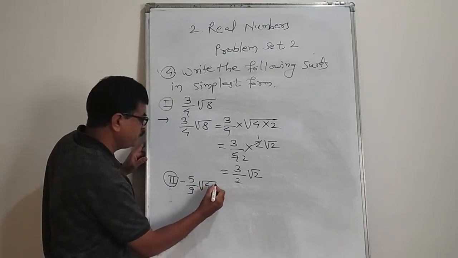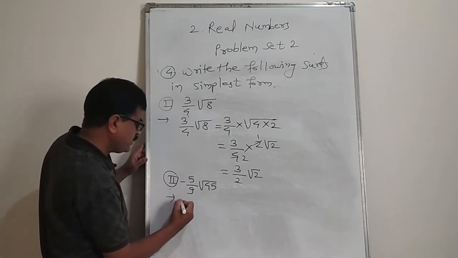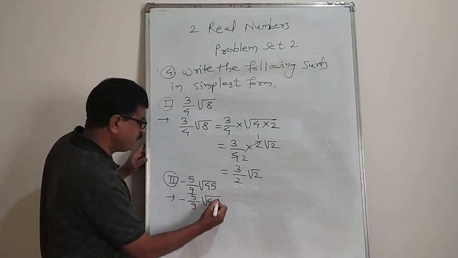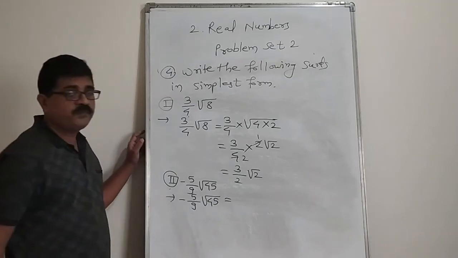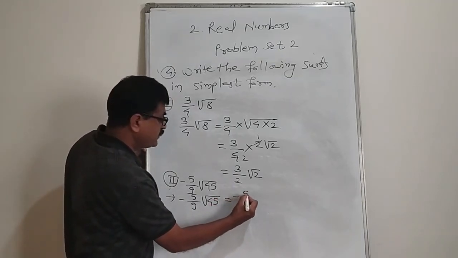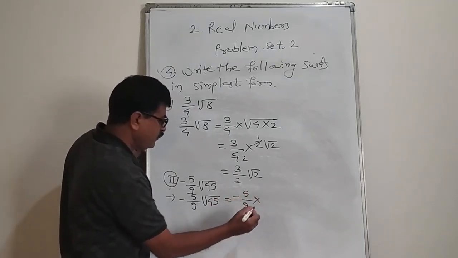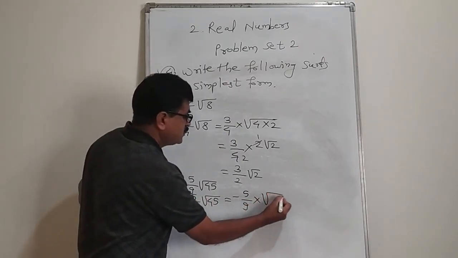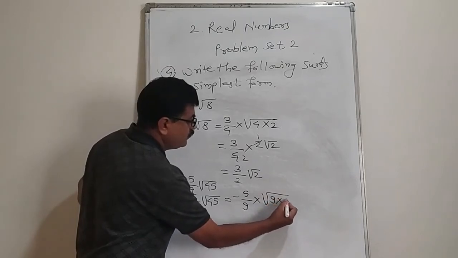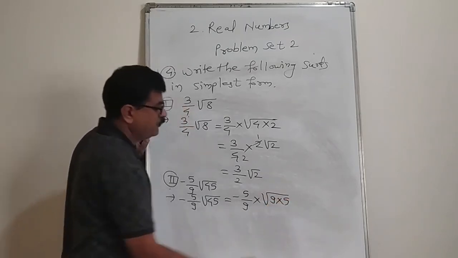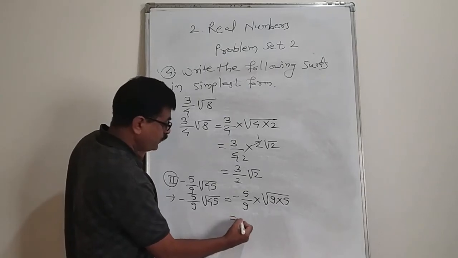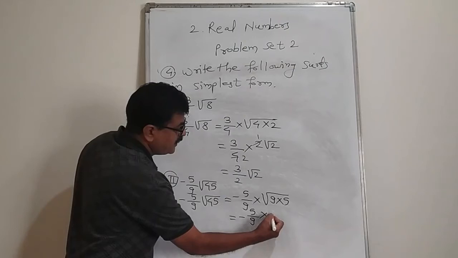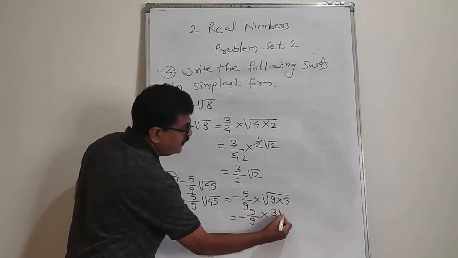Write down this as minus 5 upon 9 square root of 45, is equal to minus 5 upon 9 into square root of 45, written as square root of 9 into 5, is equal to minus 5 upon 9 into square root of 9, which is 3, into square root 5.